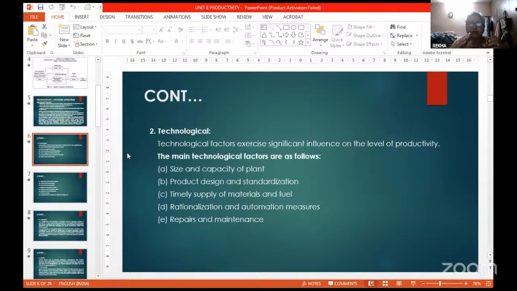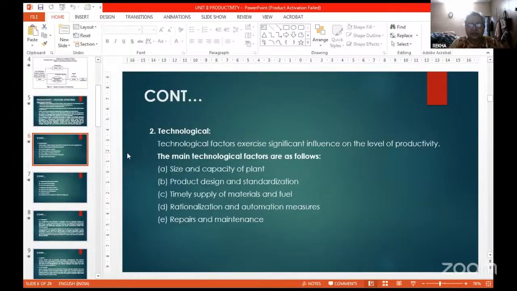That is very important in this global era. Then timely supply of materials and fuel. If that is not there, what will happen? It will be delayed and the consumers will not get the material in time, and there is so much competition in today's world that timely supply of everything is very essential.